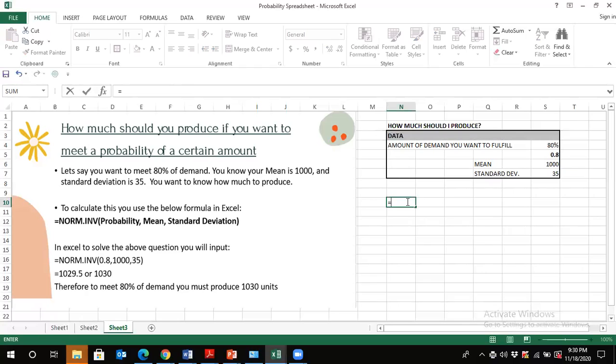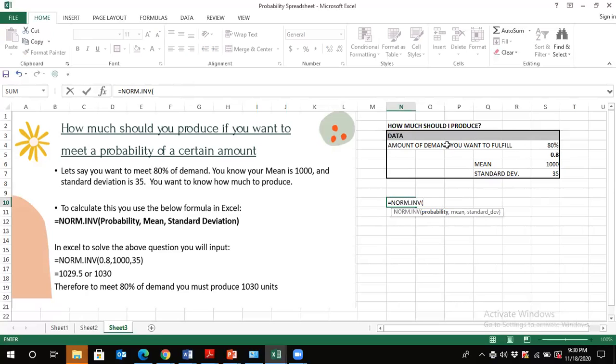And so now I'm going to just say norm.inv, and brackets, and you can see over here close to this cell, it's giving the formula already, just to remind me that you have to put in the probability, then the mean, then the standard deviation, and then close the bracket.